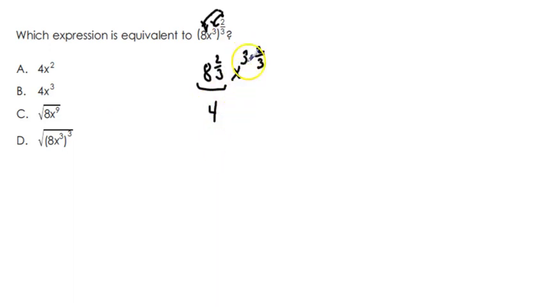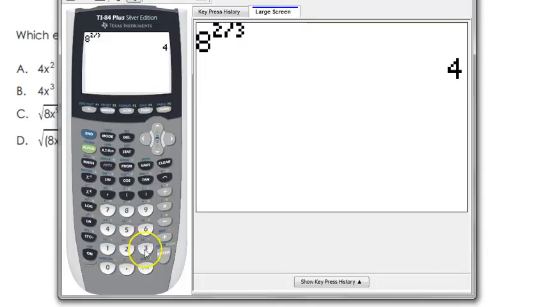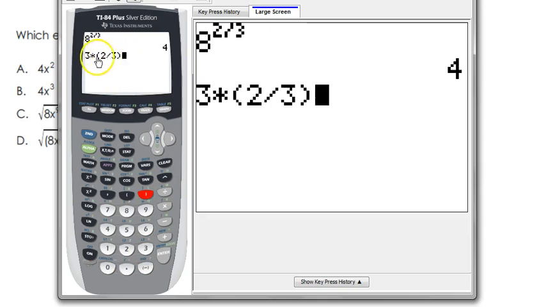Now x to the 3 times 2/3, you could possibly do this yourself and get the number. If you're not very good at multiplying numbers and fractions, you could also do 3 times and put 2/3. Now I do like to put fractions in parentheses, just on the side of caution, to make sure I'm crystal clear to the calculator. I want 3 times this fraction.